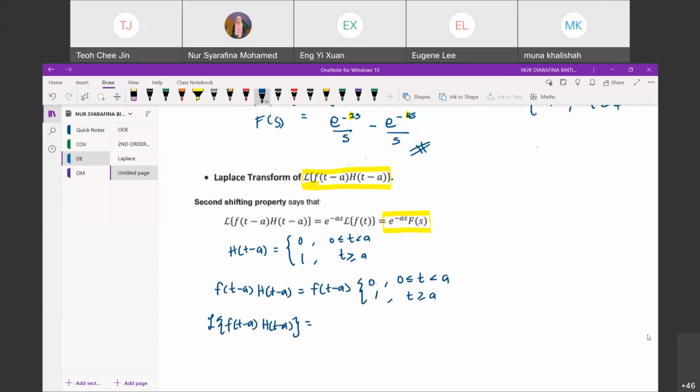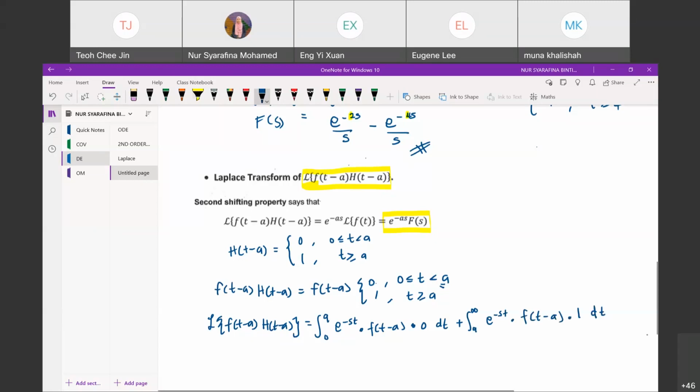By definition, it is the integral from 0 to a of e to the power negative st times f(t minus a) times 0 dt, plus the integral from a to infinity of e to the power negative st times f(t minus a) times 1.